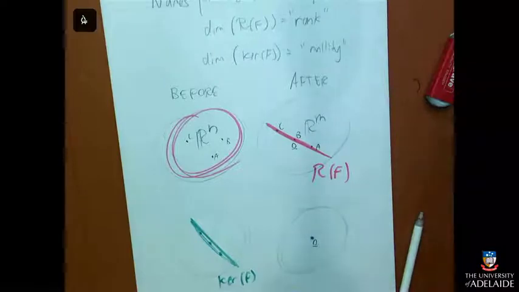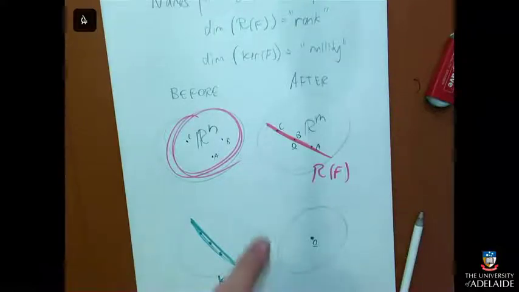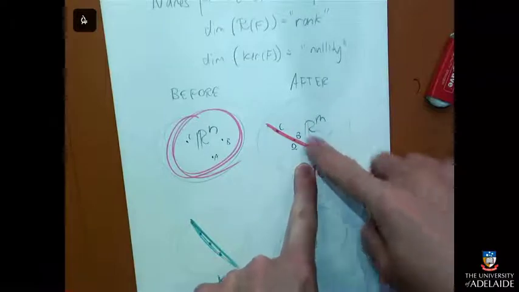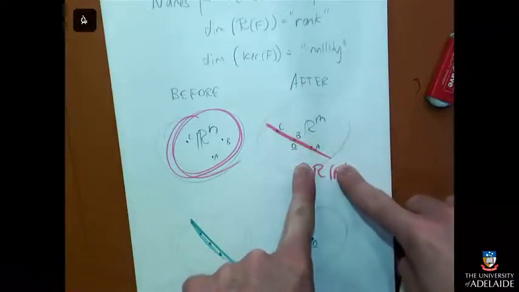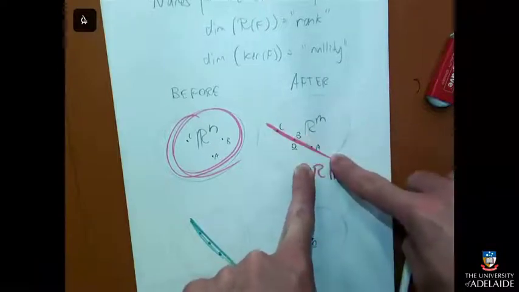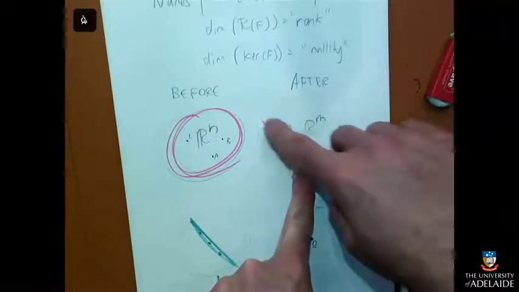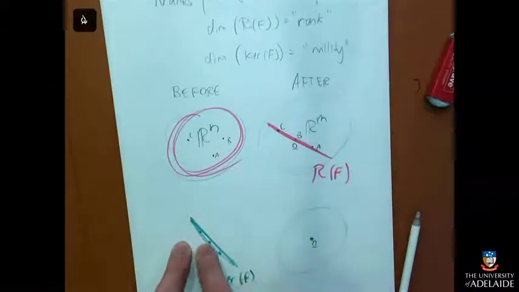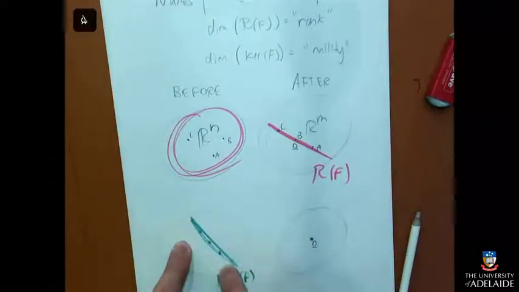Okay, so there are subspaces, and you'll note very carefully here that the range lives over here in the after space. It might not take up the entire after space. There's a proper word for that, codomain, but I don't think we need to know it today. The range lives in the after vector space, and the kernel lives in the before vector space.